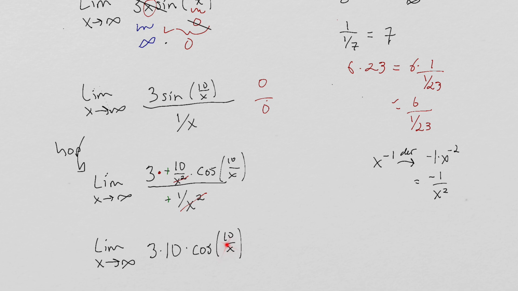So when we do that, I get 10 over infinity. Well, what's 10 over infinity? That goes to 0. So this goes to 0. And then what do I get? I get 3 times 10 times the cosine of 0. And what do I know the cosine of 0 is? It's 1. So I get 3 times 10 times 1, which gives me 30.